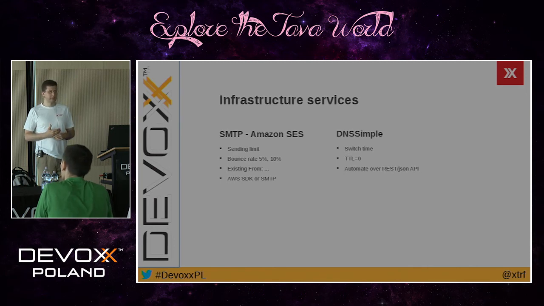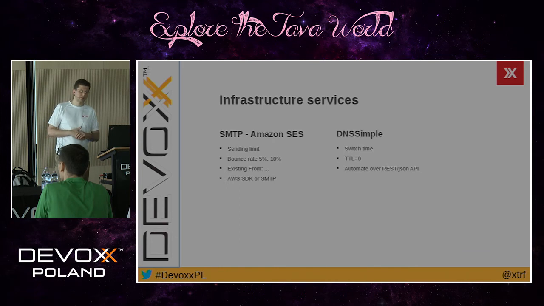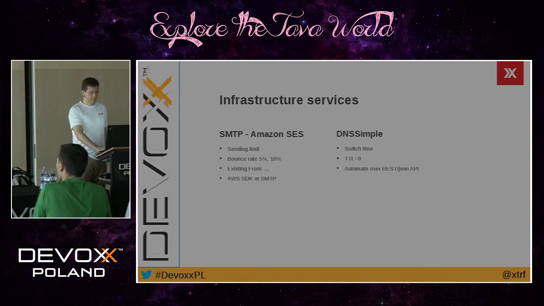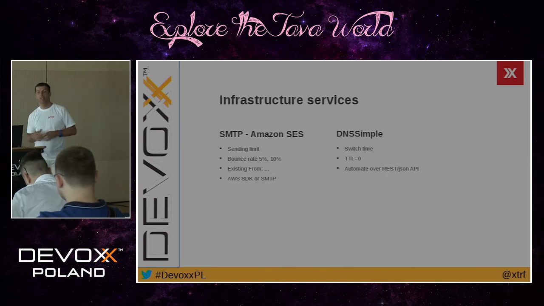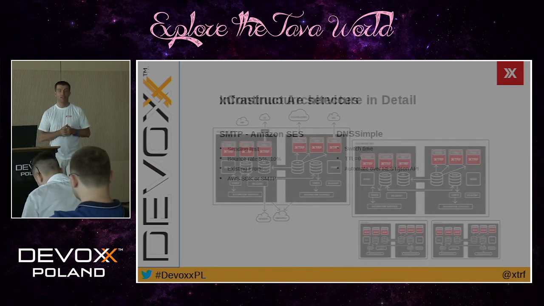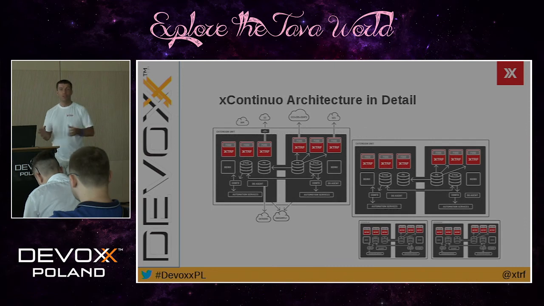If you have some automation logic that requires a DNS change, DNS Simple works well in our case. So it is possible to switch a bunch of customers from one data center to the other in a few seconds. Of course, they will lose their sessions, but the system will be available quite soon.